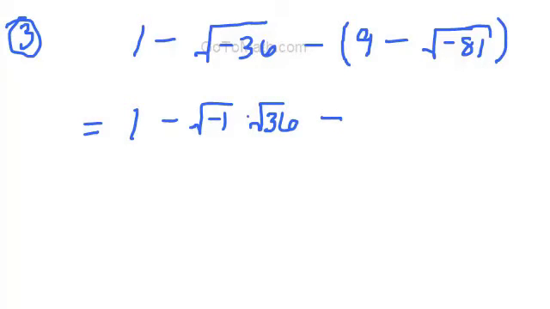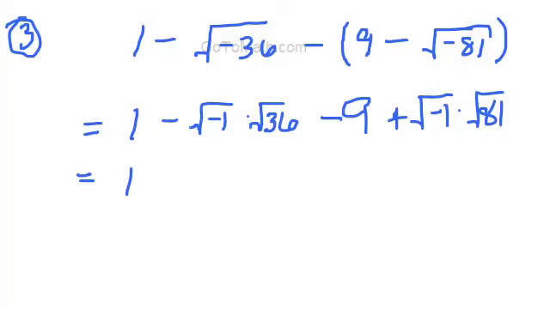the reason I put a parentheses here is because we're going to go ahead and distribute this negative across, plus the square root of negative 1 times the square root of 81. So we have 1 minus, so the square root of 36 is just 6, and then this just becomes i, minus 9, and then this is going to be plus the square root of 81 is 9, and then that's going to be i.